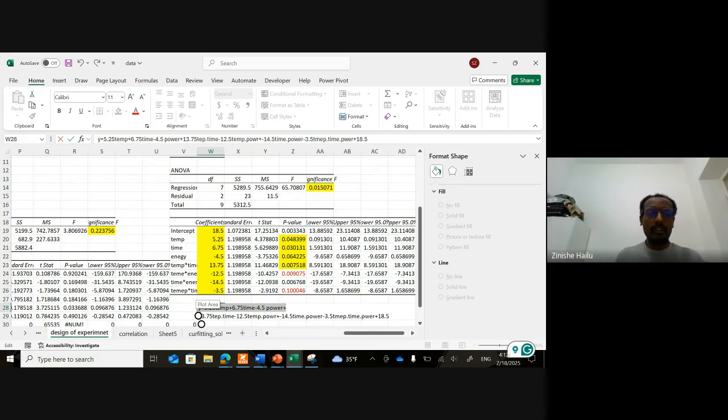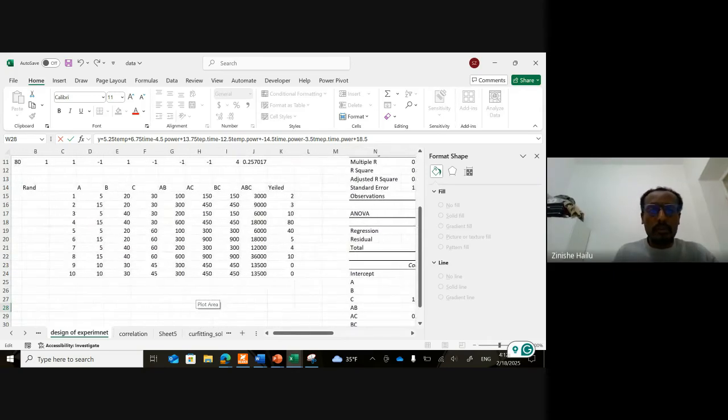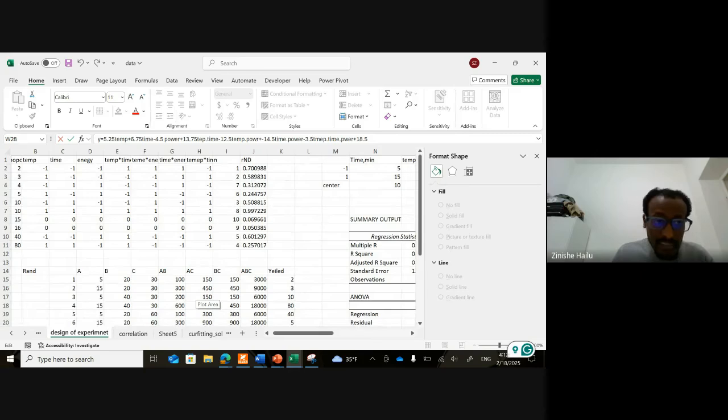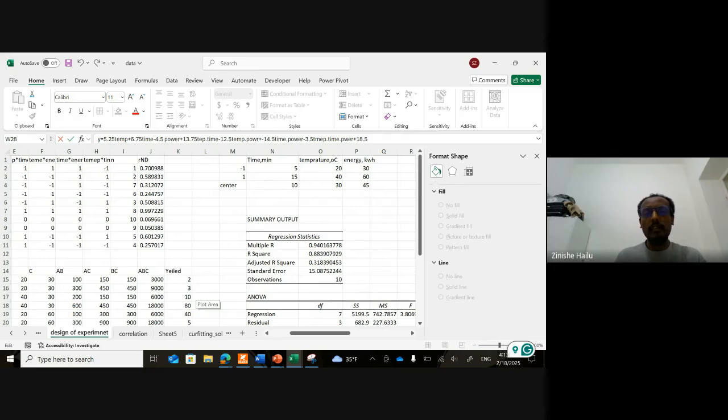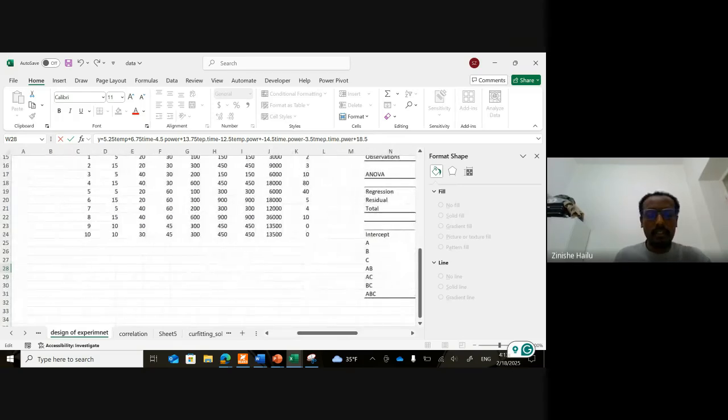So this is how the design of experiment works in Excel manually. This is the factorial-based Excel. You can design your experiment like this, and then you can analyze the ANOVA and the regression, everything, statistically.